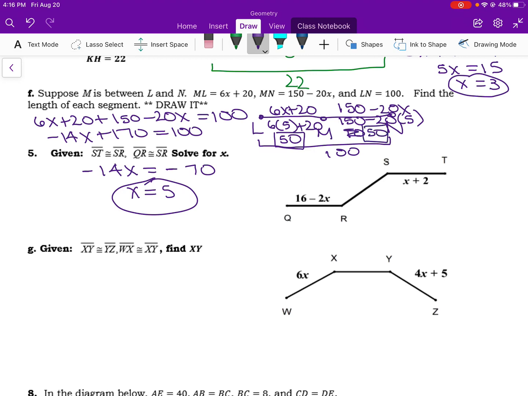There we go. So we have our line segment LM equal to 50, and MN is equal to 50. And notice that 50 and 50 add to 100, so that checks our work.